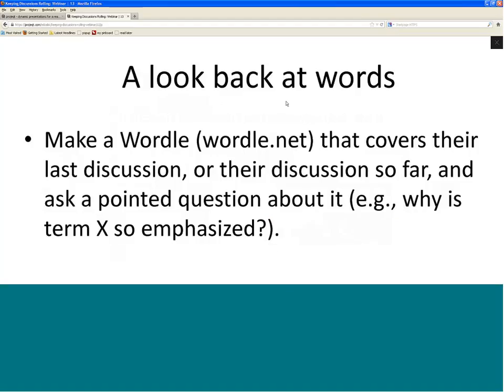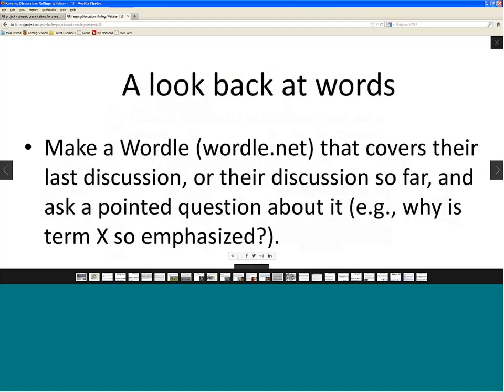Okay, so this one, I'll specifically show you on the next slide, is a picture from Wordle.net. And I'm sure that there are other Web 2.0 tools that you might use in your own classes already, and we'll certainly ask you about that.